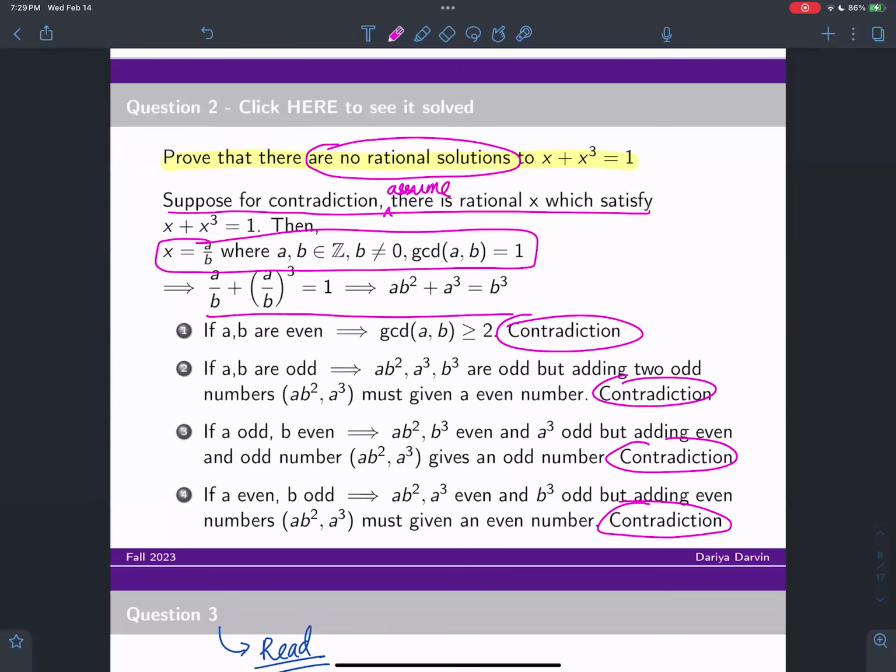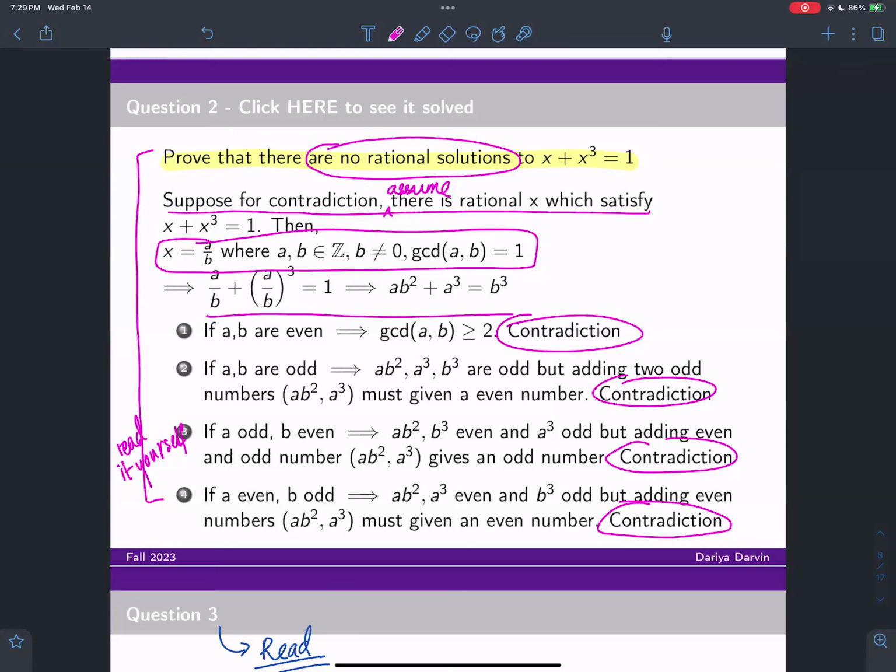And you say, overall, if I make this assumption, I always reach a contradiction, so my assumption was false. Again, I'm not doing this question right now. Read it yourself, but it's the concept that I want you to understand. We'll do another similar question, so don't worry.